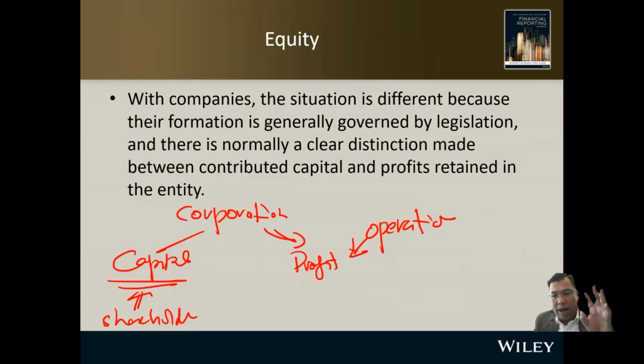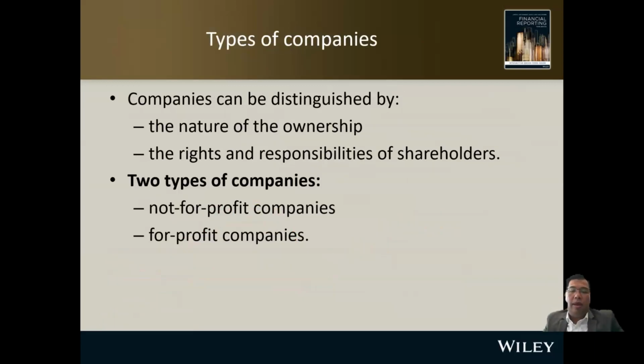So we are not combining our accounts like what we did during our AK 111, where we combine capital plus profit minus drawing to give you ending equity. We don't do that for a company. We are going to distinguish between capital and reserve. Are you okay for the time being?